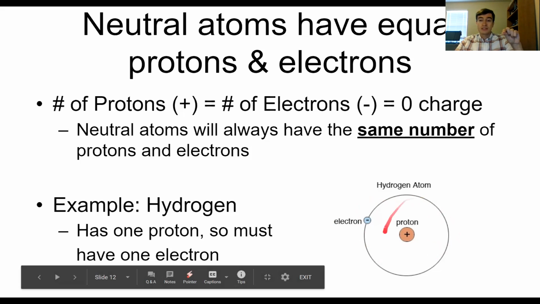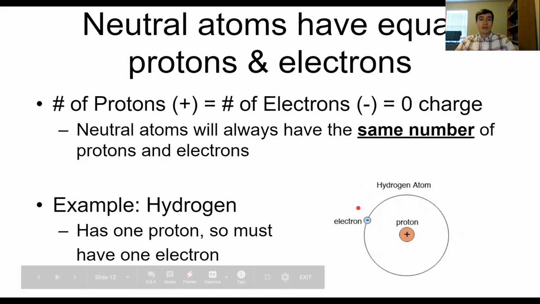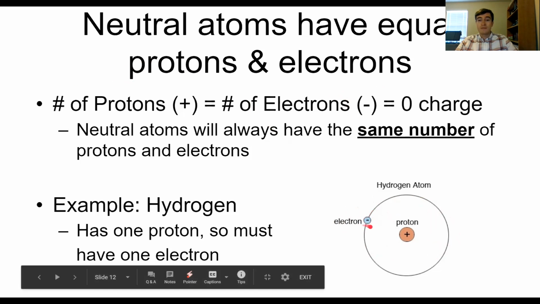And since it has a proton in its nucleus, it has to have an electron, one single electron, orbiting around the outside. So again, balancing our protons and electrons, the same number of positive protons and negative electrons.